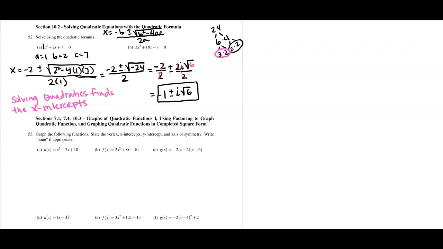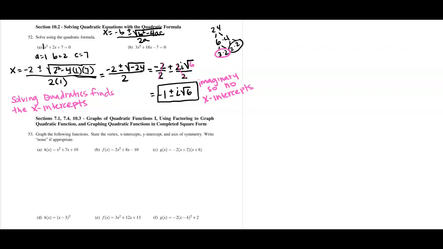But on this one, since we got an imaginary number, that means there are no x-intercepts in this function. So I'm just going to put down it's imaginary, so no x-intercepts. It didn't ask for that specifically on this one, but it does ask that on some other ones, so I just want to make sure that you see what we're really finding here and what it's telling us about that.